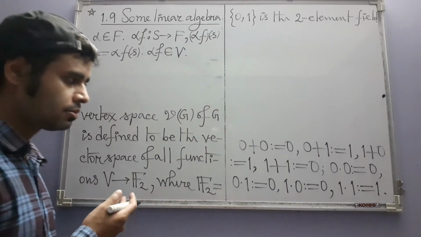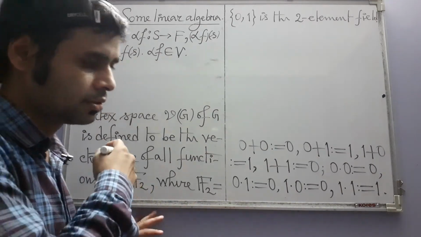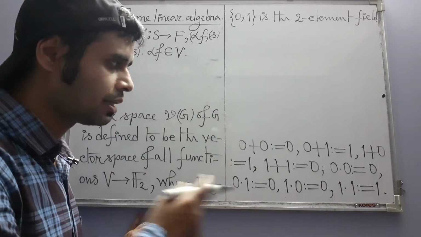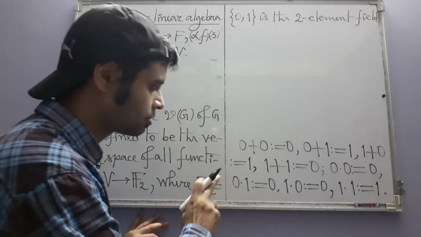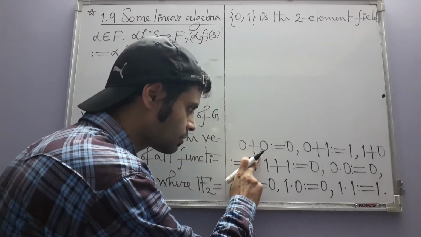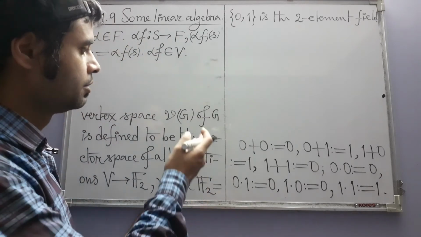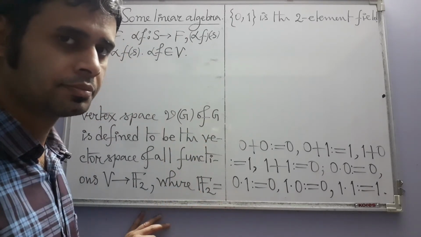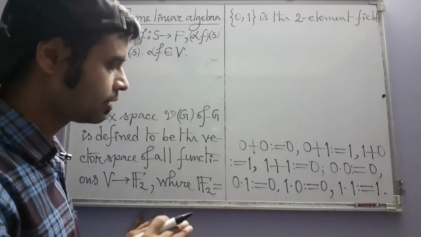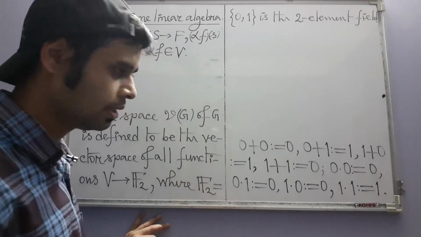And one can then again go on with all the axioms mechanically and show that under this first operation as addition and the second operation as multiplication, this is a field. Okay, that's the absolutely mechanical way of looking at this system.